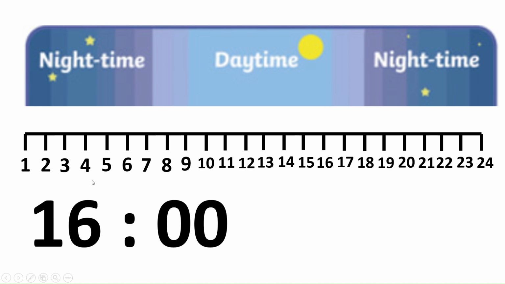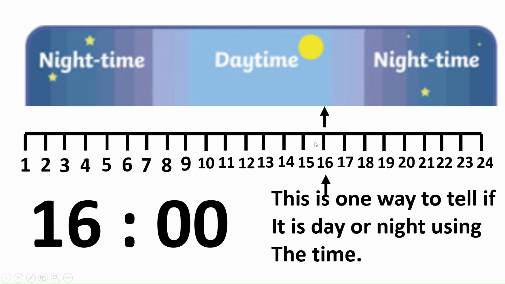This is written in the 24-hour clock format. Let's see where it is on the number line. We can see that 16 is right here, and if we look up, we can see that it's still in the daytime, maybe in the afternoon. So this is one way to tell if it's day or night using the digital time.